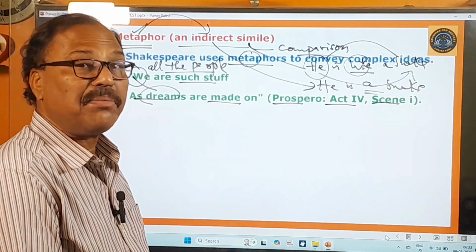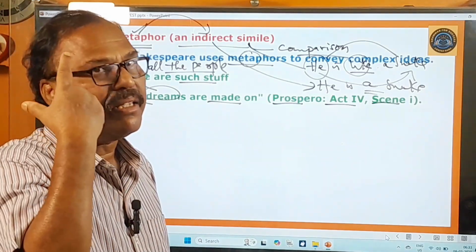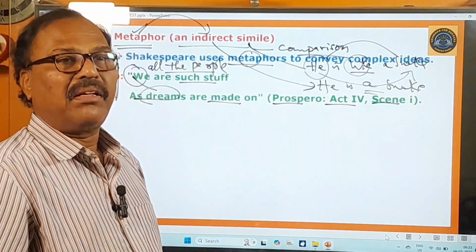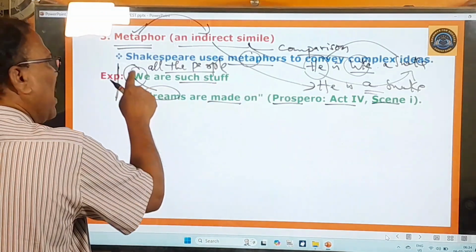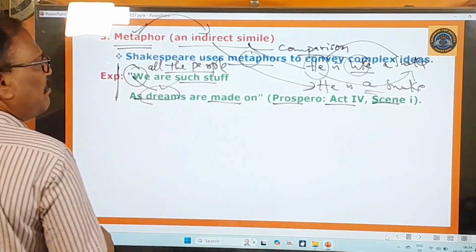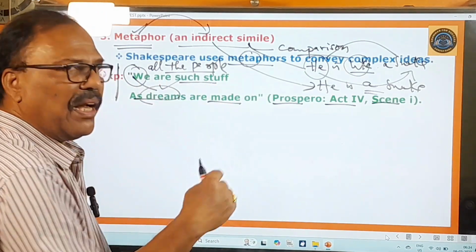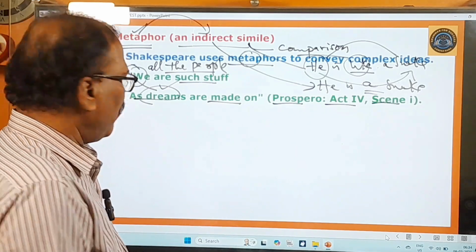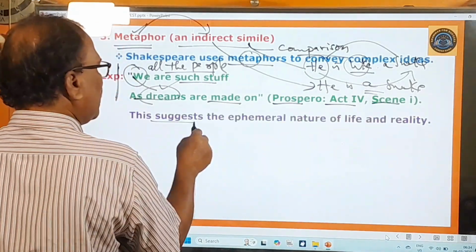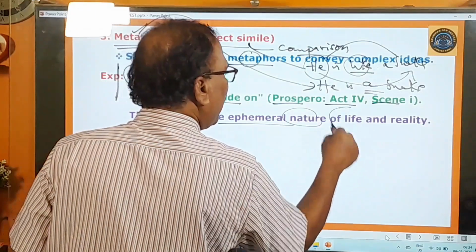What happens with the dreams? They come at night and disappear at day. Prospero has compared the life of the people to the dreams that come at night and disappear by day. So this suggests the ephemeral nature of life and reality.